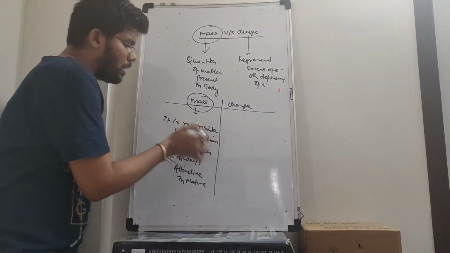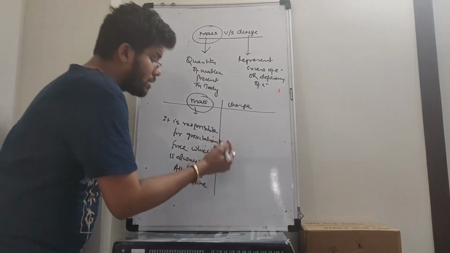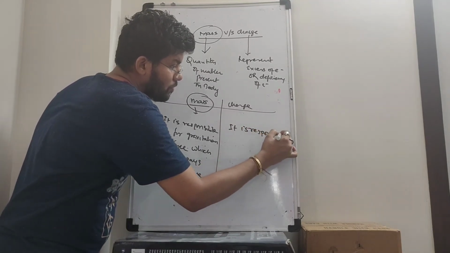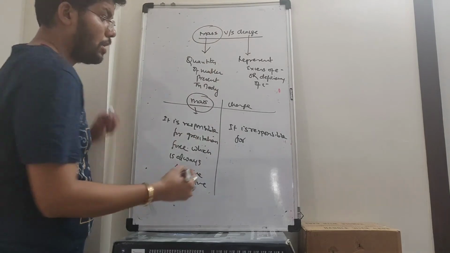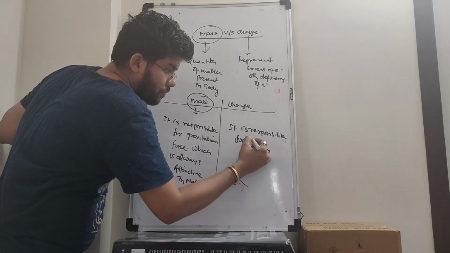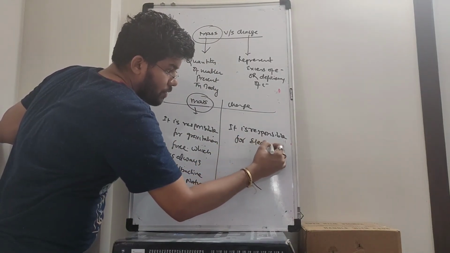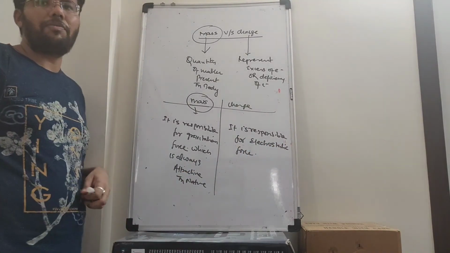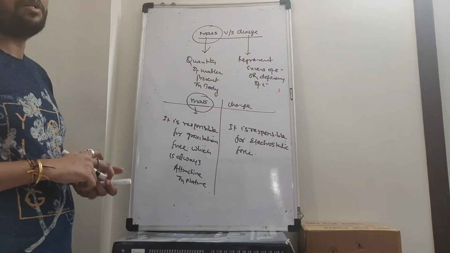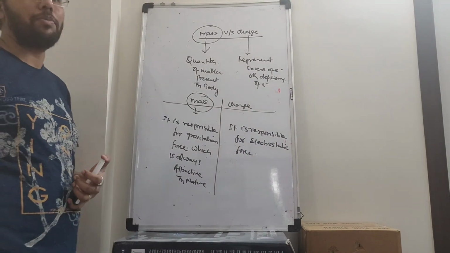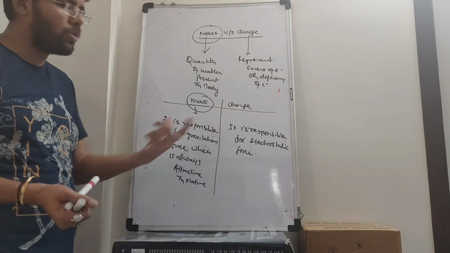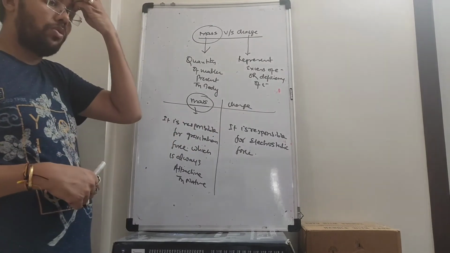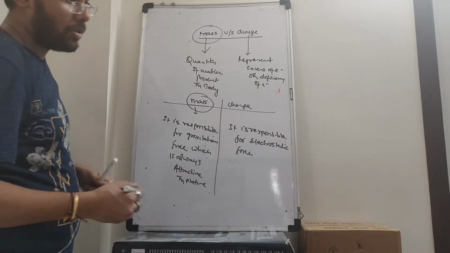So mass is responsible for gravitational force, whereas charge is responsible for electrostatic force. Means it is responsible for the force of repulsion between similar charges and the force of attraction between opposite charges. दो charges similar होंगे तो उनके बीच में repulsion होगा, दोनों charges opposite होंगे तो उनके बीच में attraction होगा. तो electrostatic force के लिए कौन responsible है?